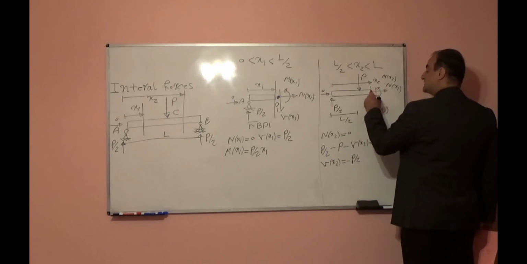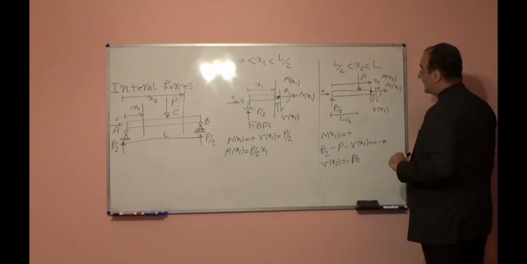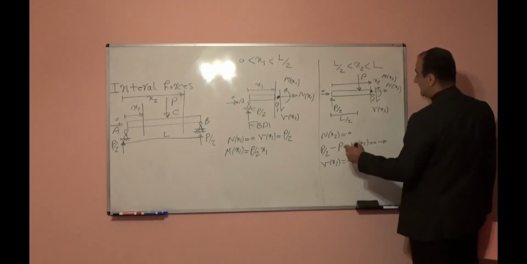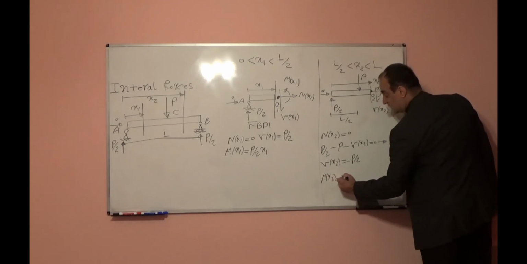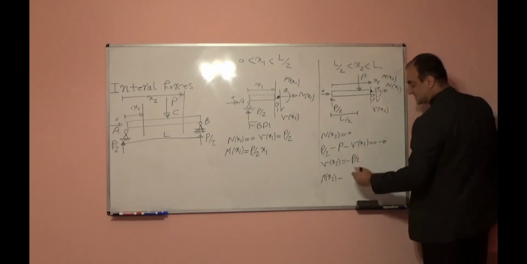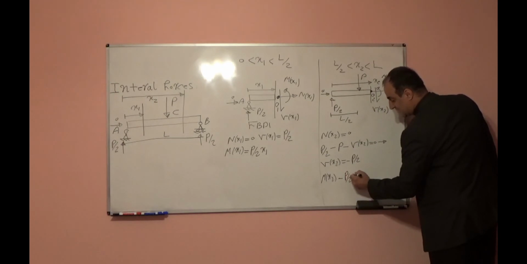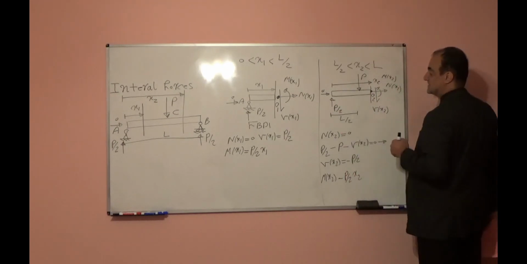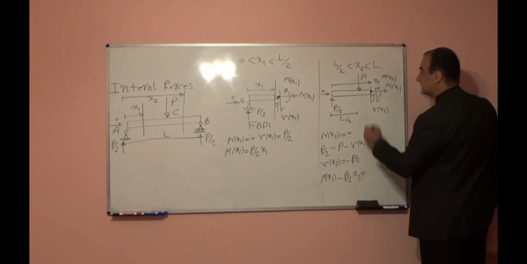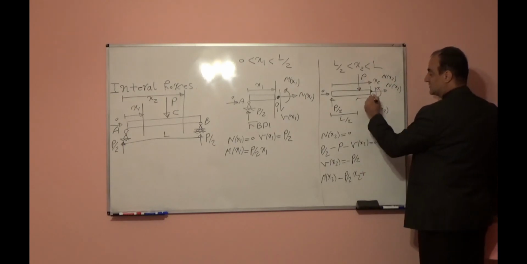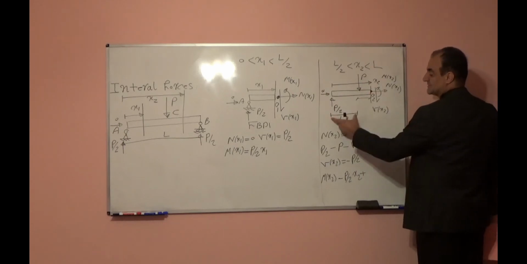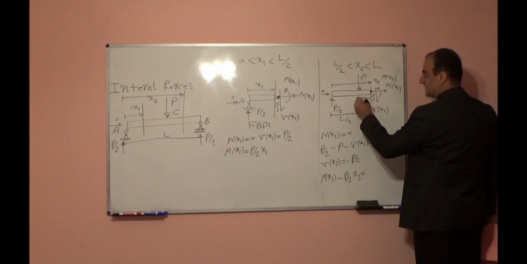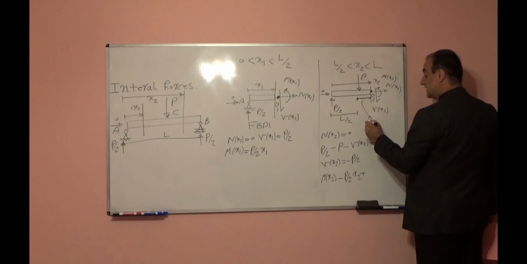If I take moment respect to cut point, point O2, and put equal to 0, I will have mx2 minus P over 2 times distance, so P over 2 times x2, because distance is x2, plus P times distance from here to here. Entire this distance is x2, this distance is L over 2, so under the load up to cut point will be equal to x2 minus L over 2.